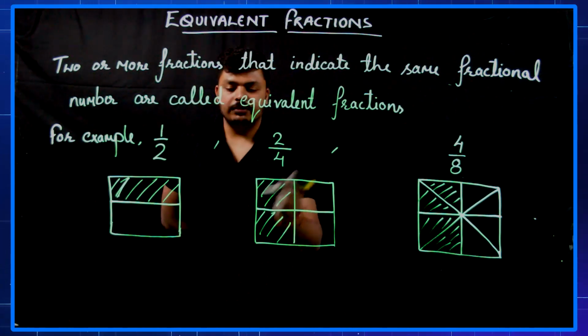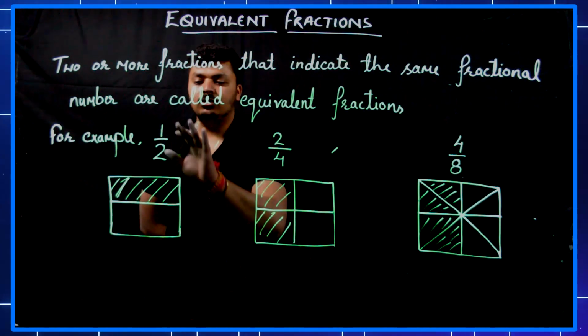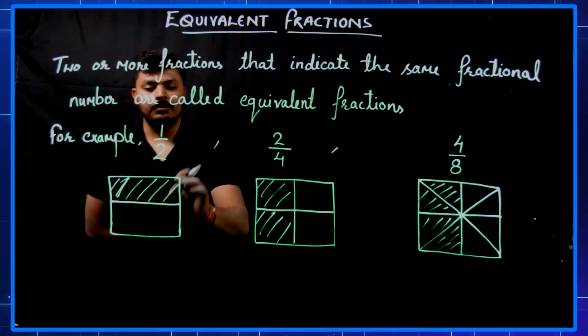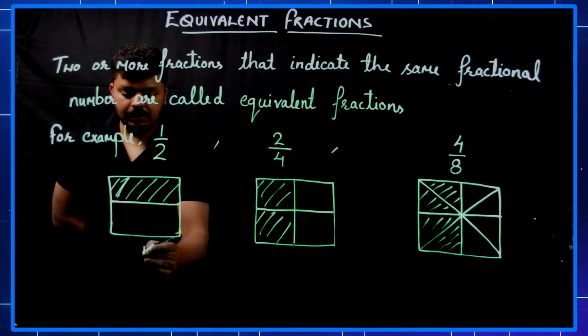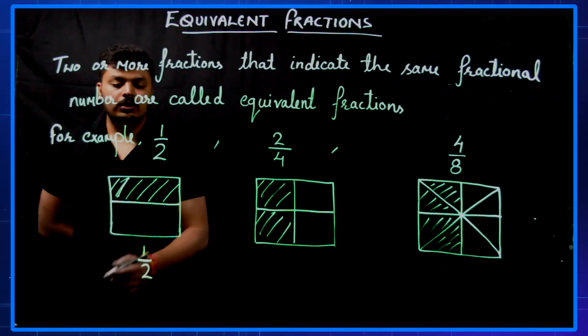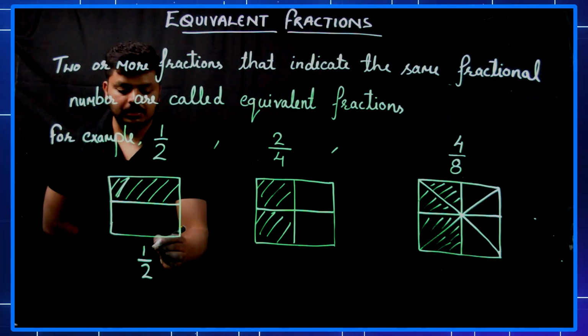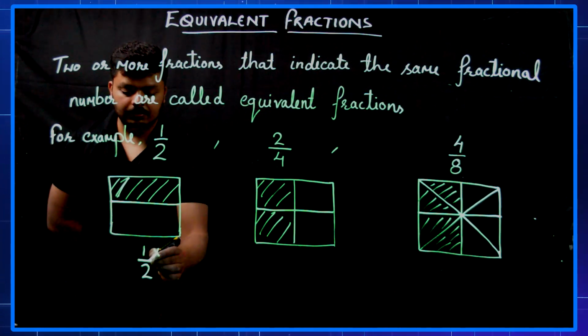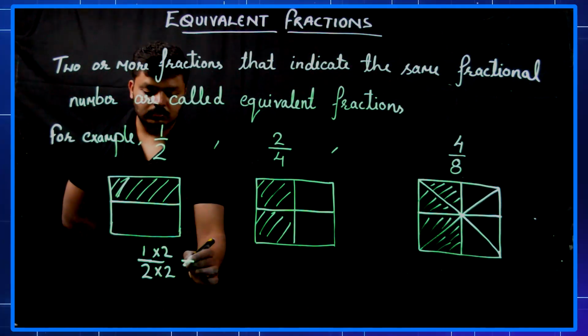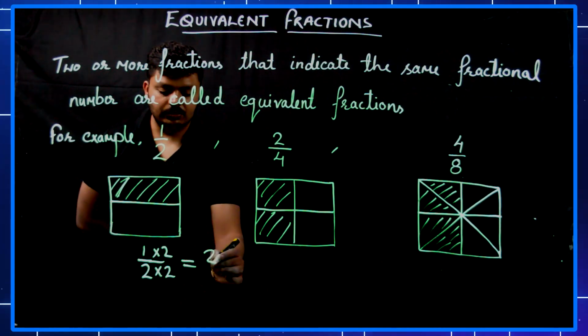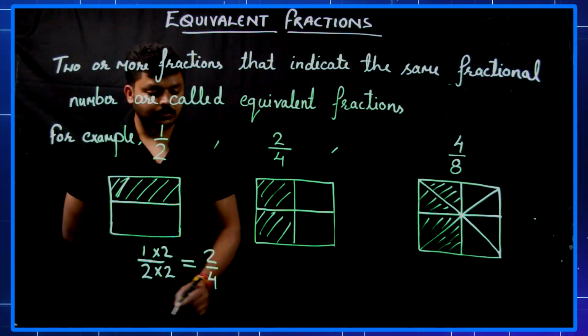So equivalent fractions can be obtained by multiplying numerator and denominator with the same number. So here we multiply by 2, we get an equivalent fraction, that is 2 by 4.